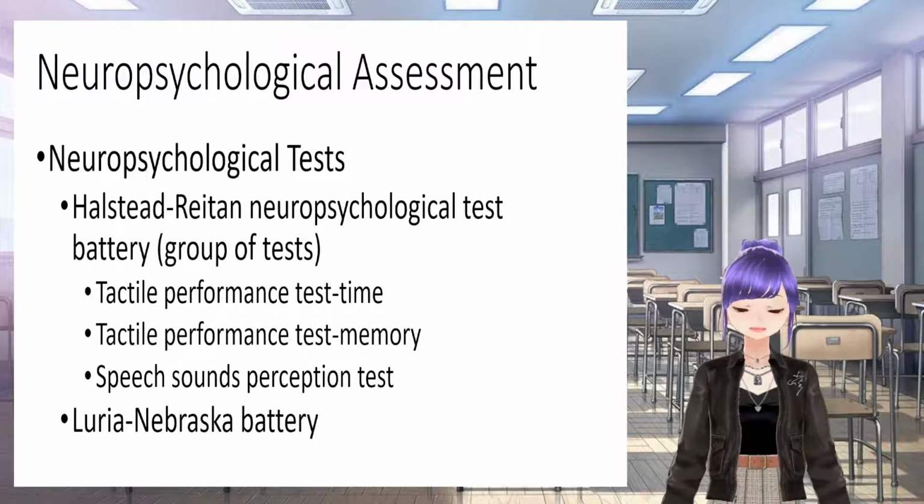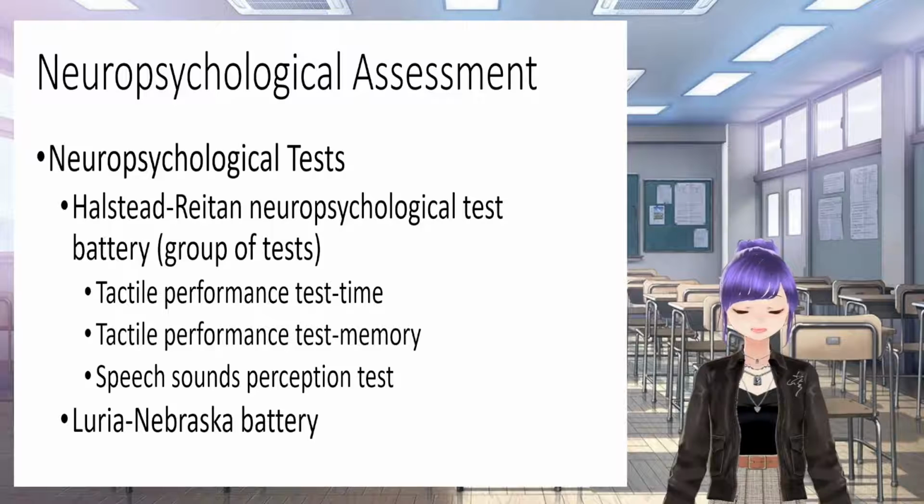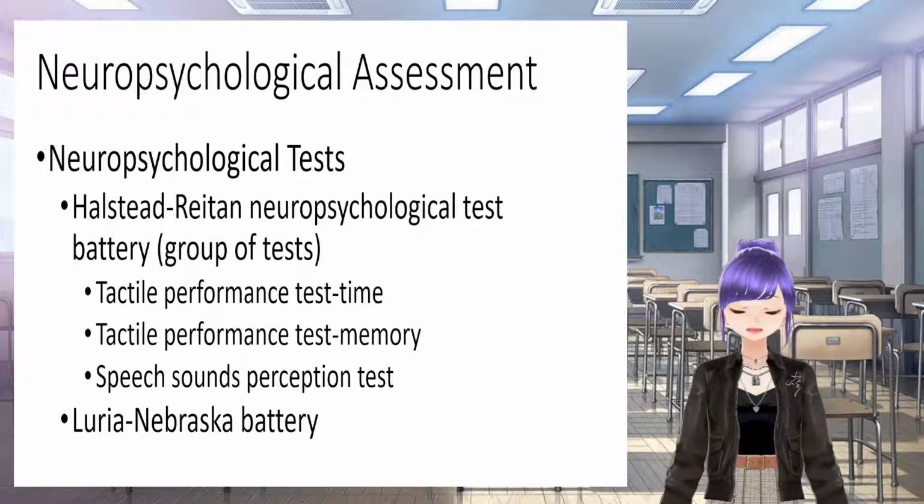For tactile performance test memory, a person is asked to draw the form board from memory, showing blocks in their proper location. For the speech sounds perception test, the participants listen to a series of nonsense words, each made of two consonants with long E sounds in the middle, then select the word they heard from a set of alternatives.